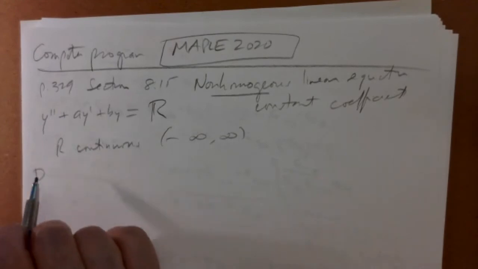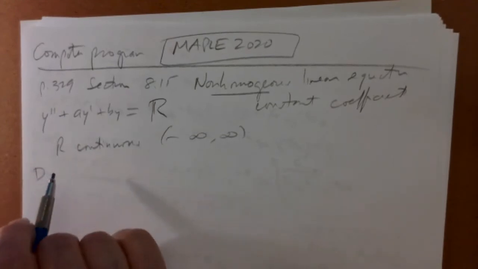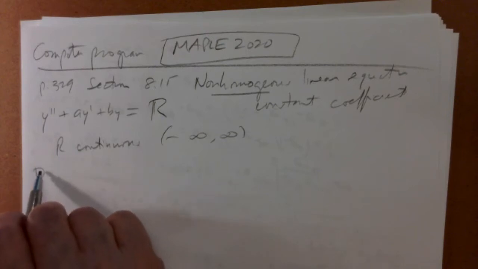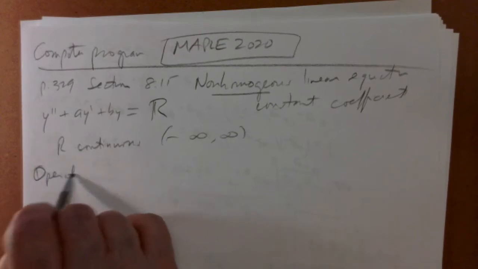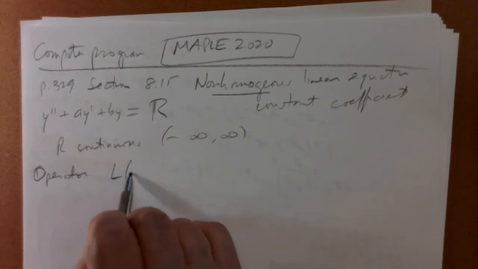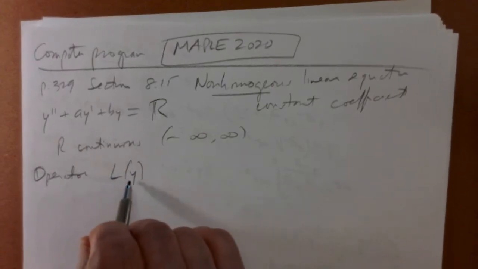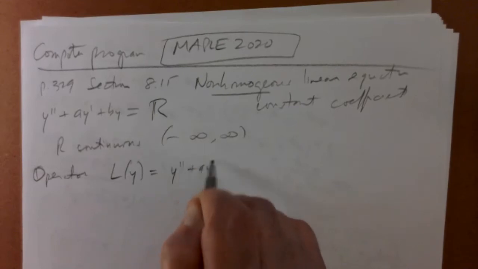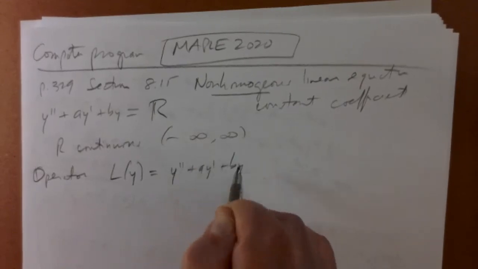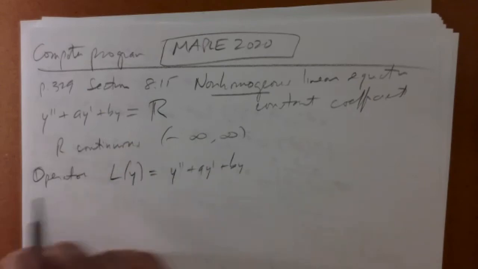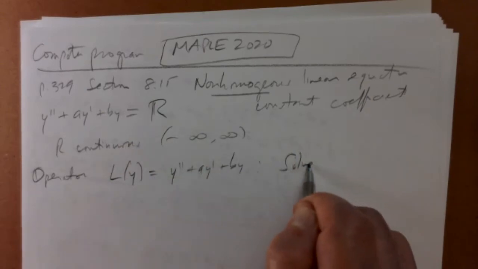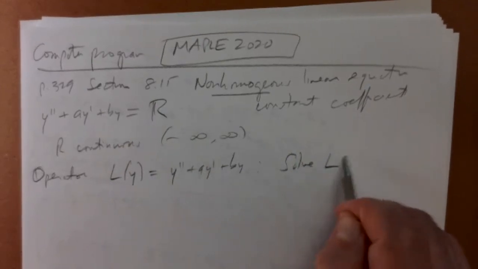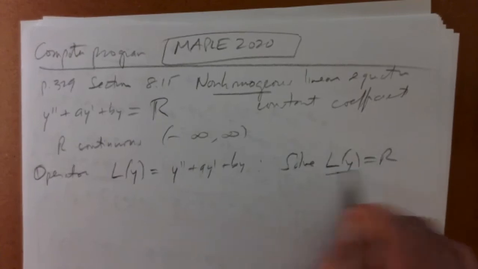So if we write the linear operator or the differential operator, L of y, this means for any function y, L of y is the function y double prime plus ay prime plus by. This equation means solve, find y where L of y is equal to r.